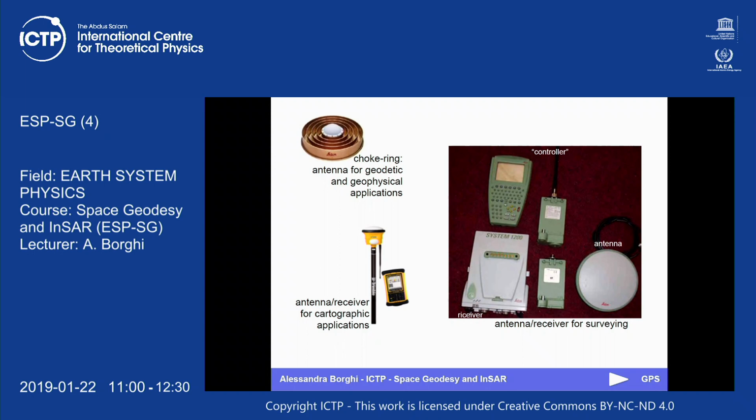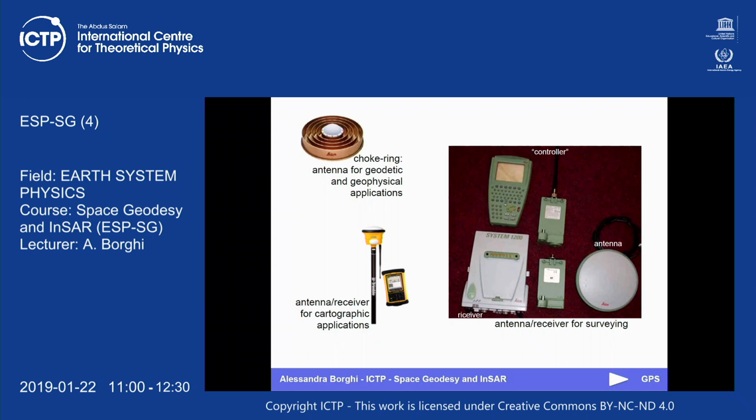For geodetic applications, it's really clear where the antenna is. It's bigger, not so big, more or less like this, 20 centimeters. The antenna is connected to a small computer called receiver.